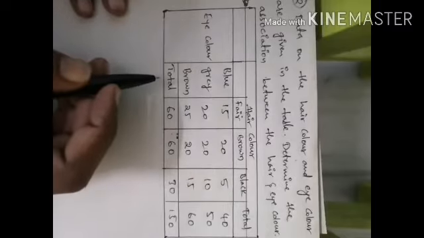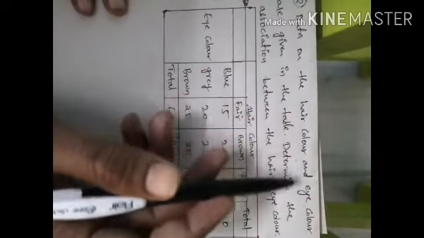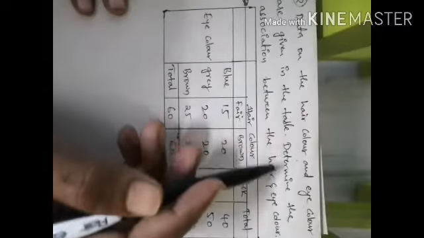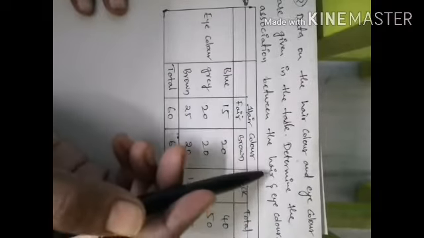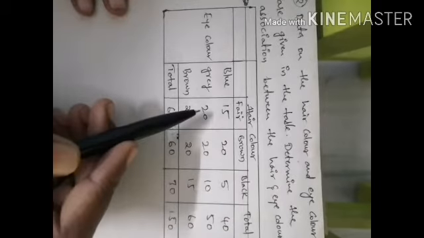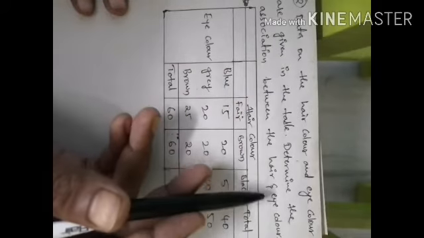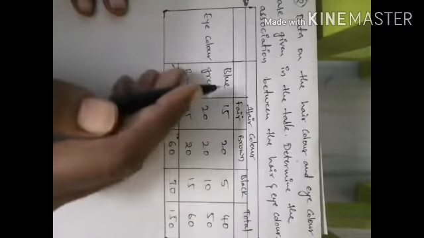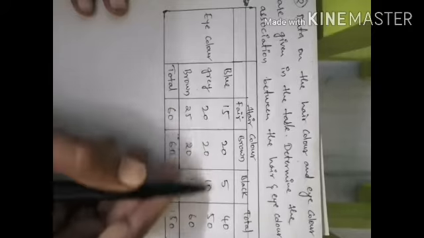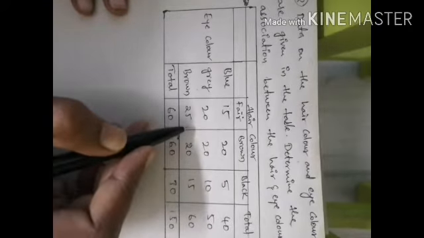So the next example problem: the data on hair color and eye color are given in the table. Determine the association between the hair and eye color. So this is the given data. We need to check, is there any association between hair and eye color. Here the given table is not a contingency table like a 2 cross 2 table.